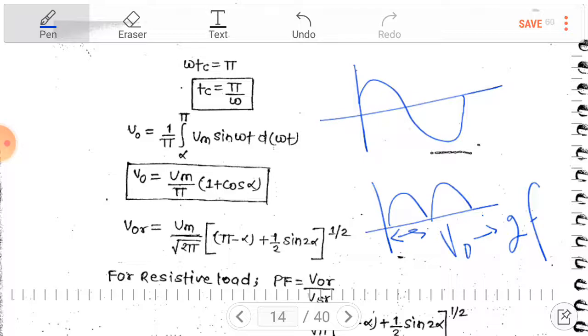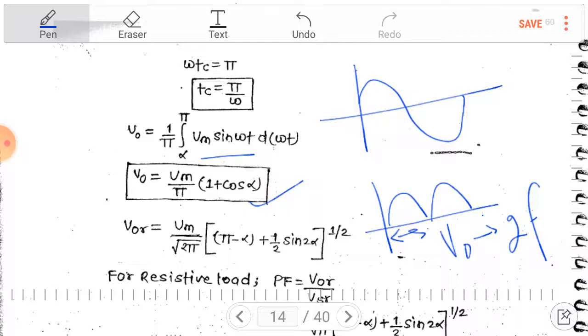So V output is 1 upon pi, integrate from alpha to pi, Vm sin omega t for the positive half cycle. Integrating this, we get V output equal to Vm by pi into 1 plus cos alpha. For single phase half wave, we have Vm by 2 pi into 1 plus cos alpha. Here it is Vm by pi into 1 plus cos alpha.